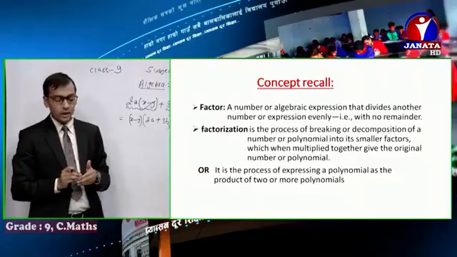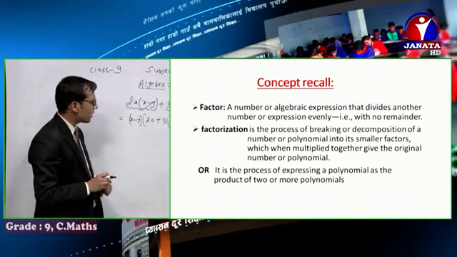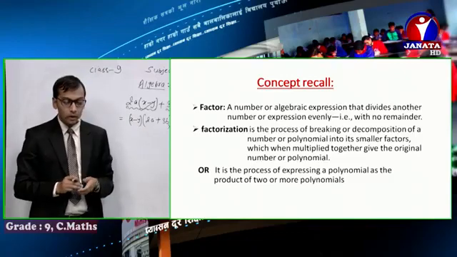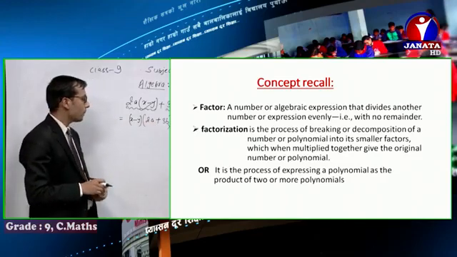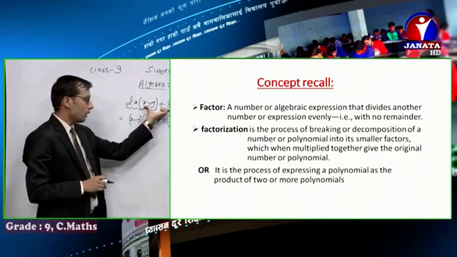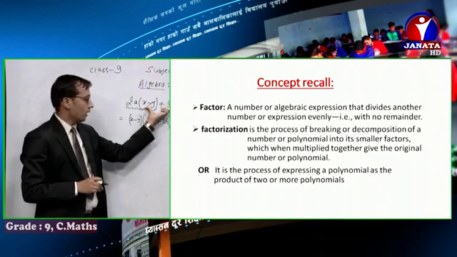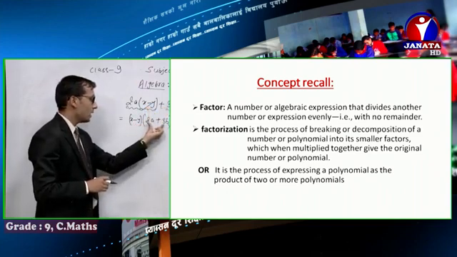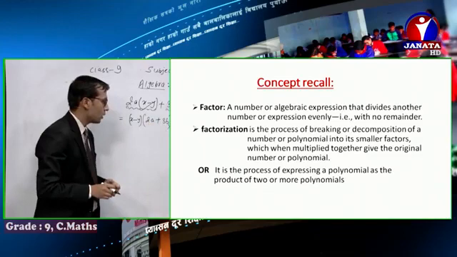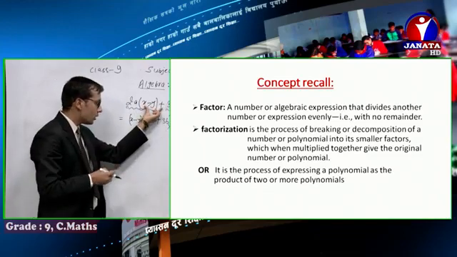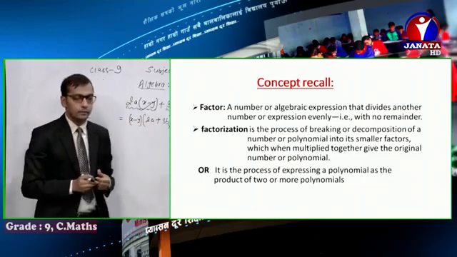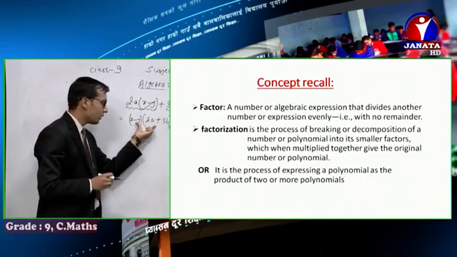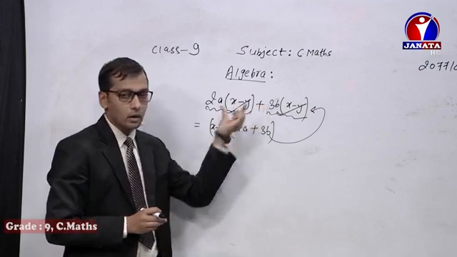It is the process of expressing a polynomial as the product of two polynomials. So here this is the original polynomial, and when we factorize this, we obtain two factors, x minus y and 2a plus 3b. So this polynomial is split into two factors, and these two factors are in product form. When we multiply these two factors, we obtain the original polynomial.